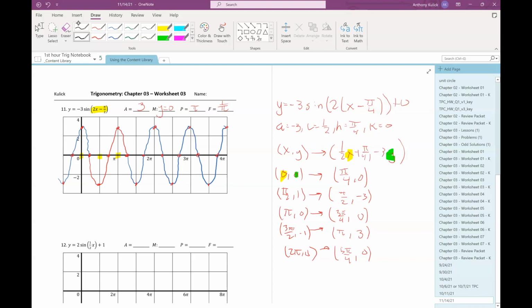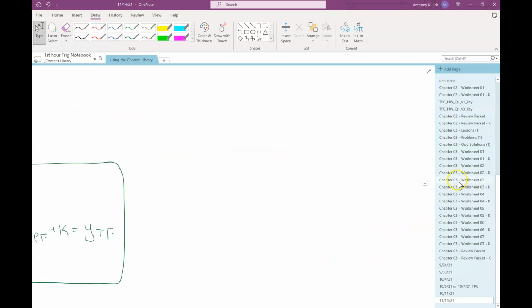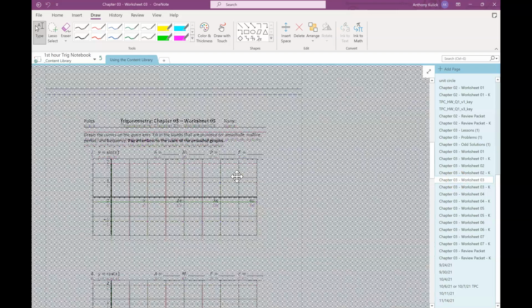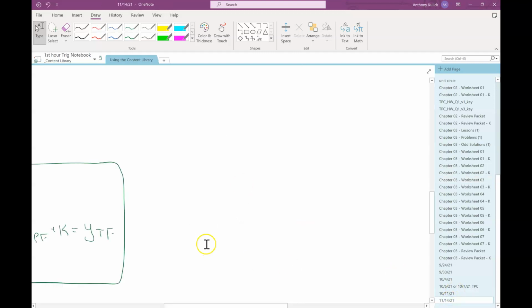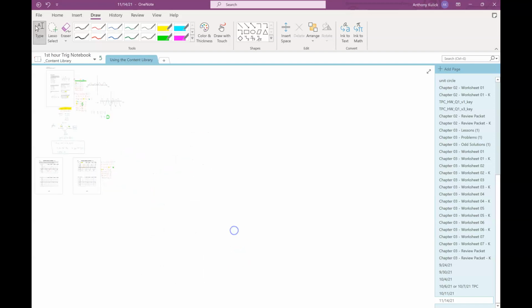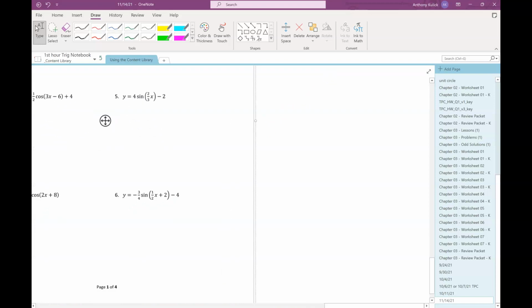Worksheet 3, number 6. So first thing I would do is we've got to find the values for A, C, H, and K. I would start by noticing that, hey, there's a factor in there.